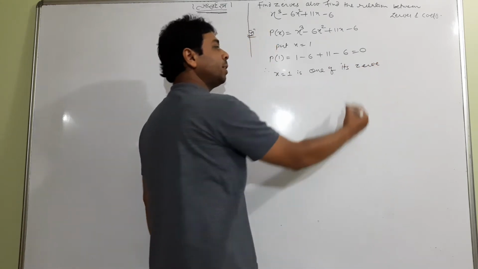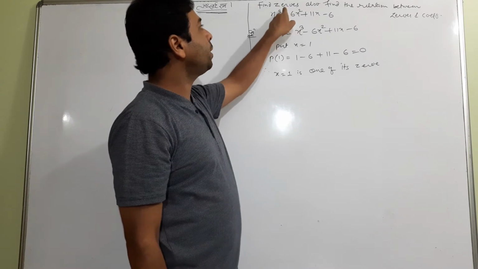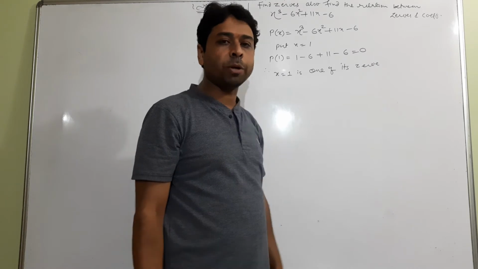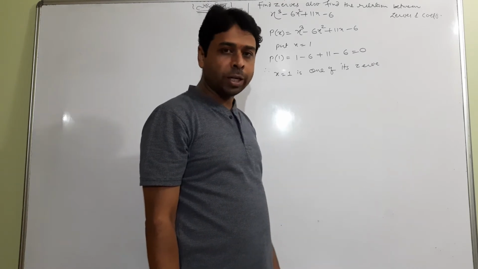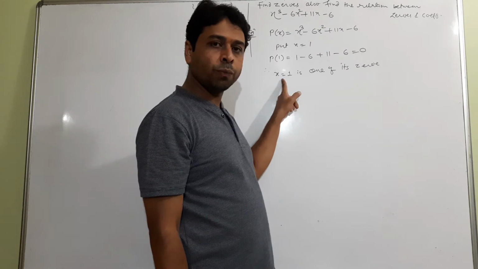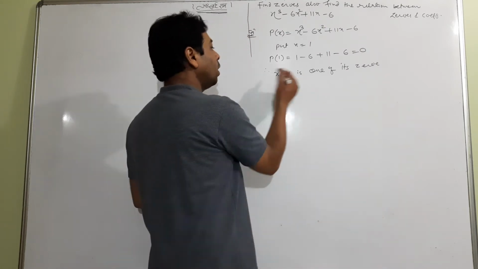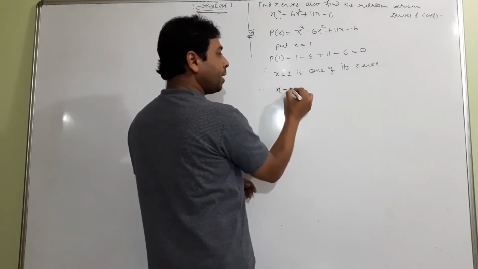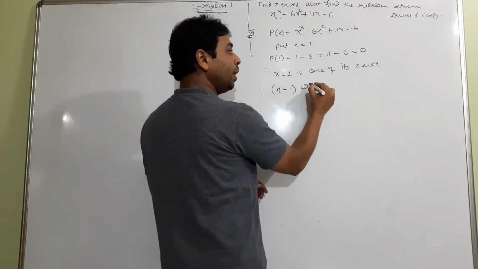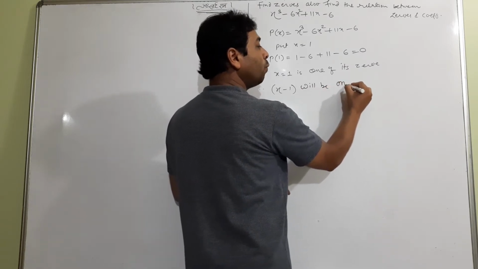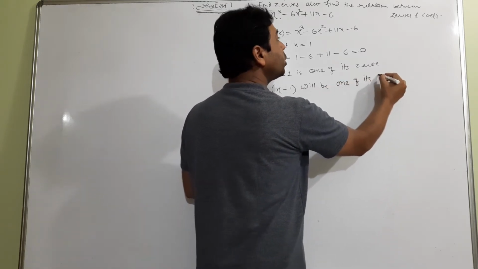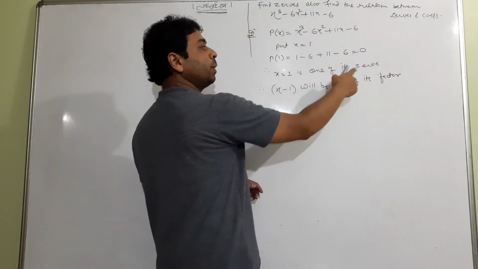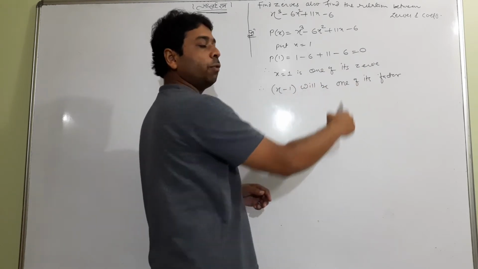So a very important sentence we got. It contains 3 zeros, and we got 1. The further method is very easy, because in previous classes we already studied it. If we know one zero, we can find the other factors. If x equal to 1 is one of its zeros, then x minus 1 is one of its factors.